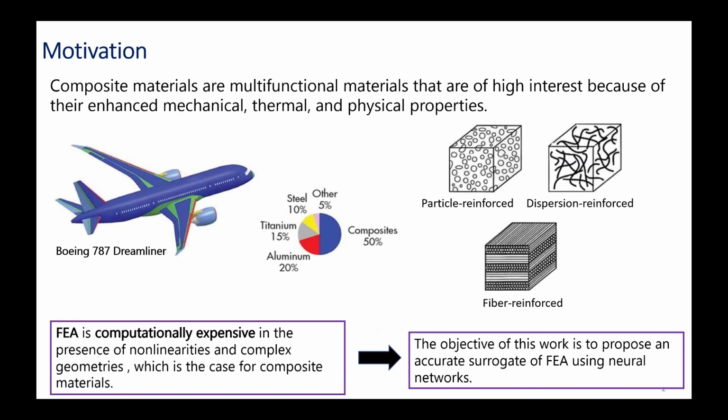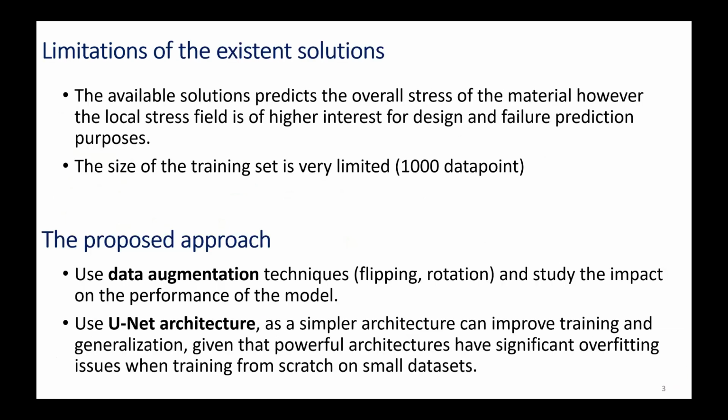However, when applied to composite materials, this method becomes computationally expensive. That is why there is a need to develop an accurate, time-saving, and more efficient method to replace finite element analysis for composite materials. And neural network, in particular, stands out as a promising approach for stress field prediction, and that is the focus of this study.